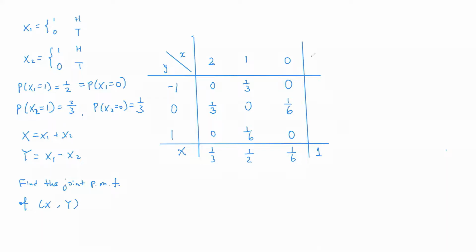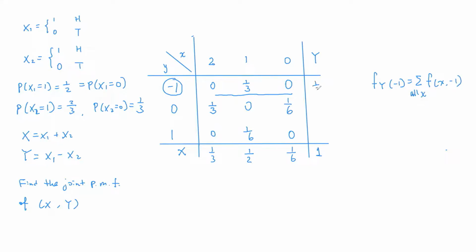And here you have the marginal distribution of y. When y equals -1, you add up all the x's in the joint PMF. So what I mean is that f_Y of -1 equals the sum of f(x,-1) over all x.